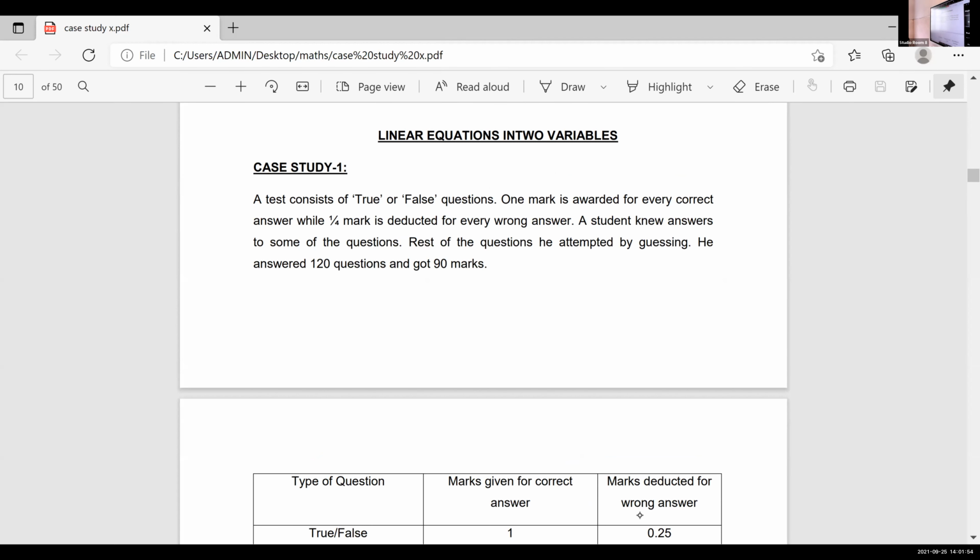This similar question we have discussed. Try it, children. What is the first equation and what is the second equation? So we need 2 variables, x and y, isn't it? What we can take as x?